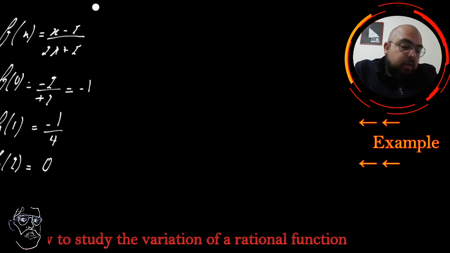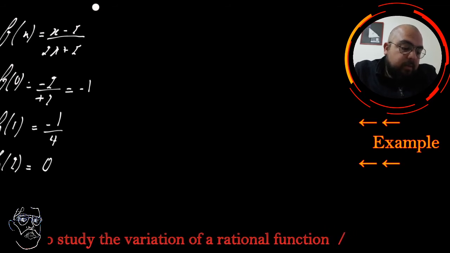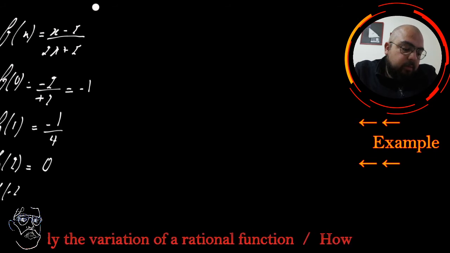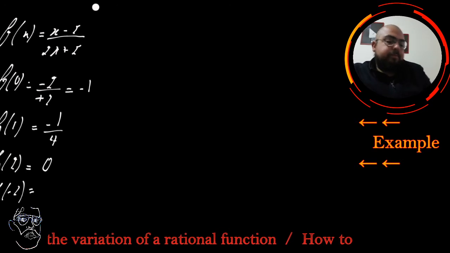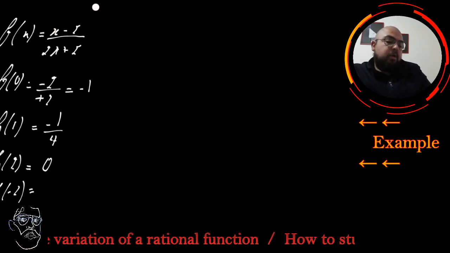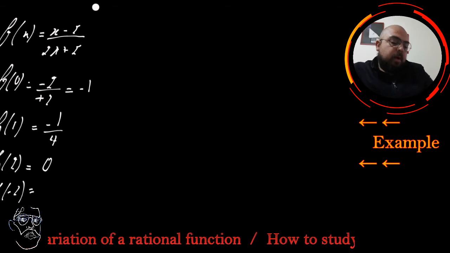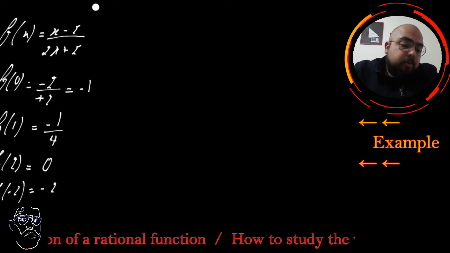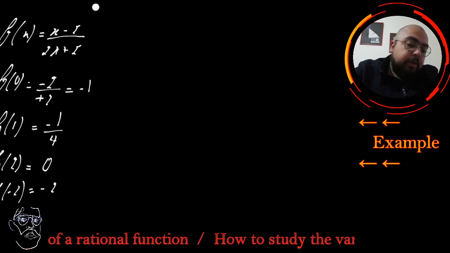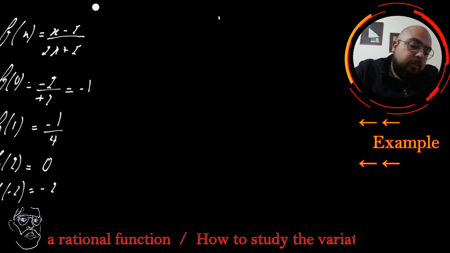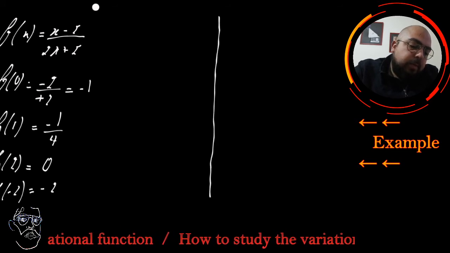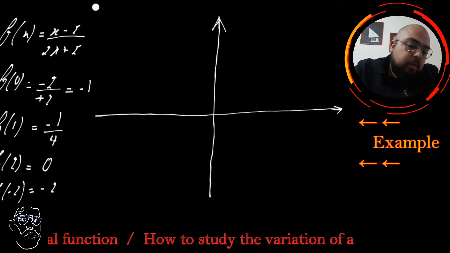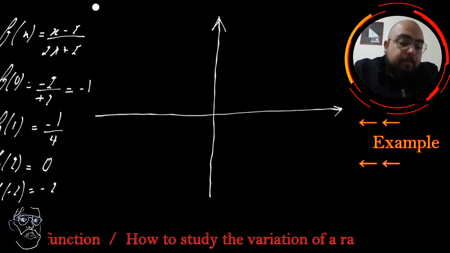Alright, and then we can even choose f of minus 2, let's say. So f of minus 2 is equal to minus 4 over minus 2, it will be 2. Okay, I'm gonna represent my curve, draw my curve. The first thing that you should be doing actually is to place your asymptotes on the graph.